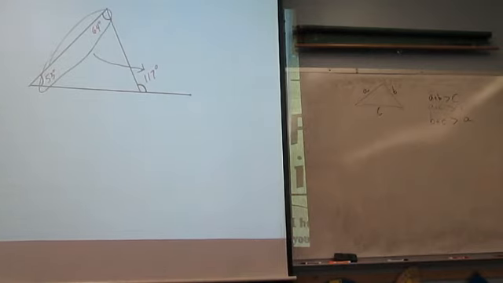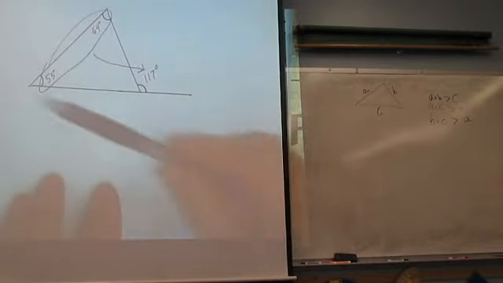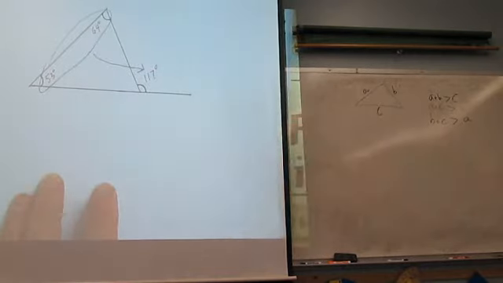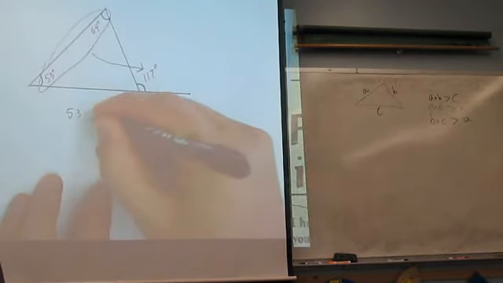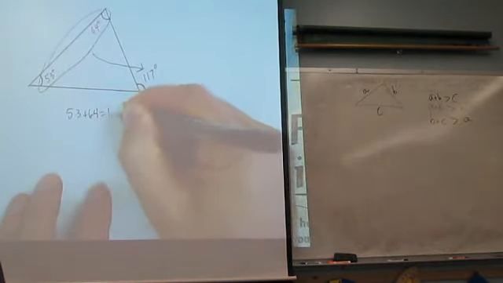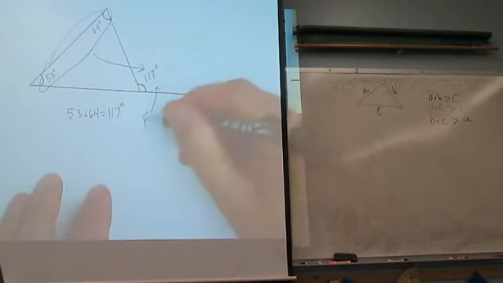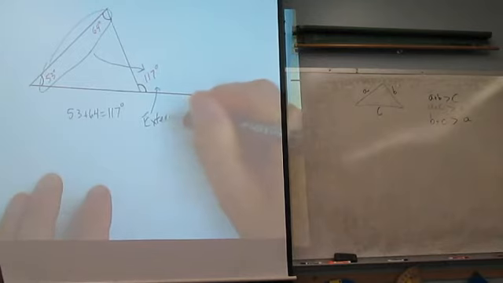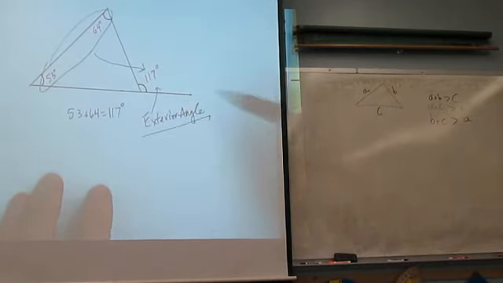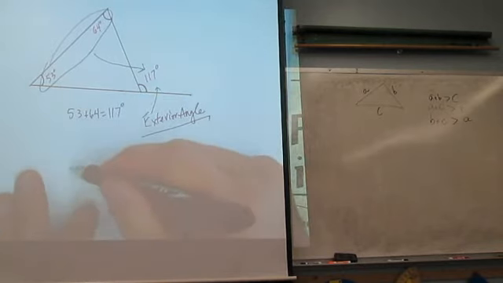What'd you find out? The sum of these two, yeah, is the same size. So we're looking at 53 plus 64 in my case is 117. This right here is called an exterior angle. And what you're looking at then is this case here.